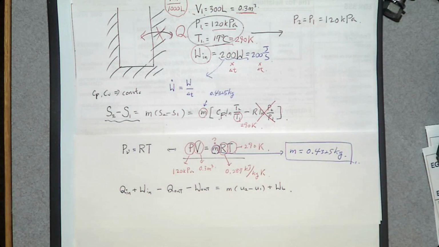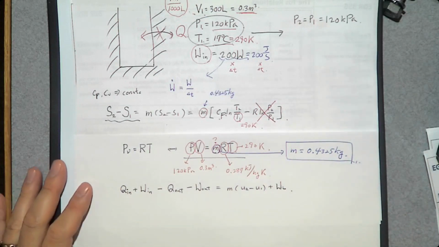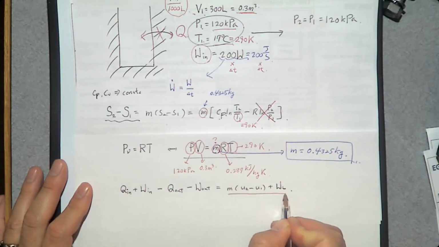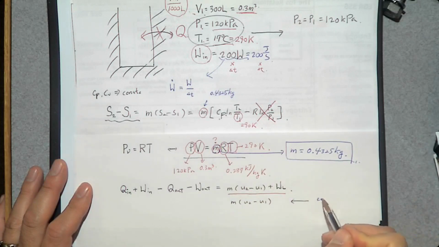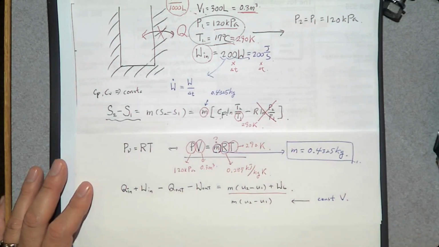If you have a constant volume process, the right-hand side can be written as mass times U2 minus U1, or you can use mass times H2 minus H1 if you have a constant pressure process.